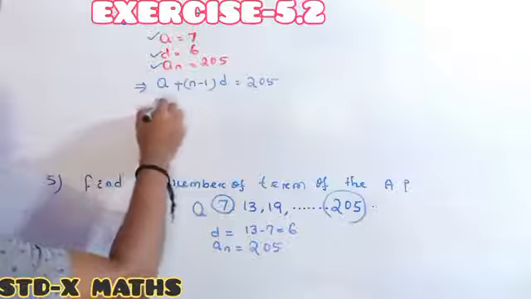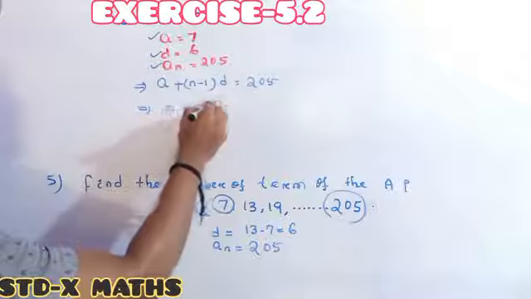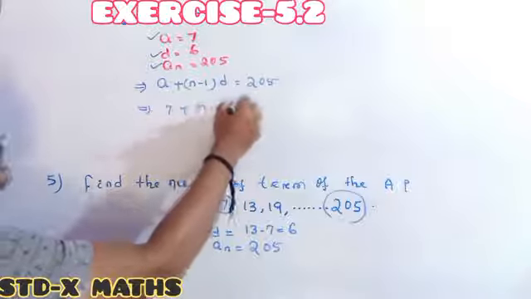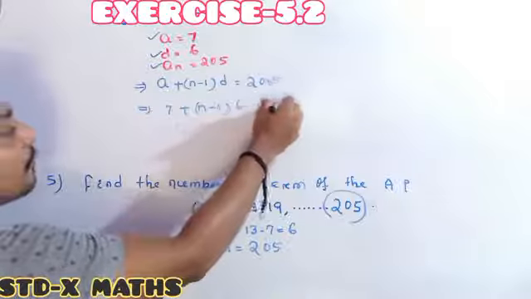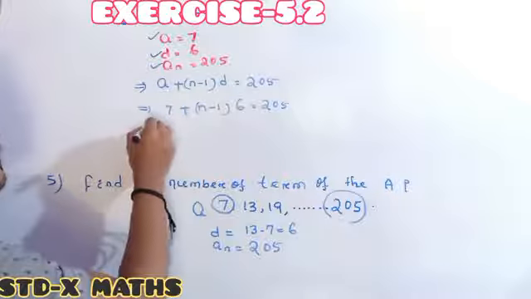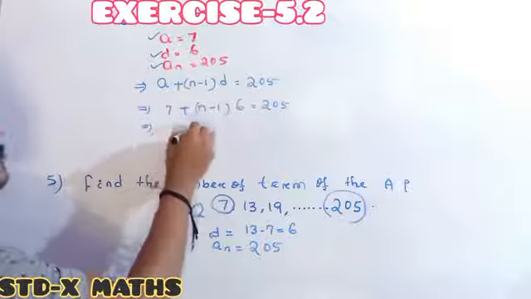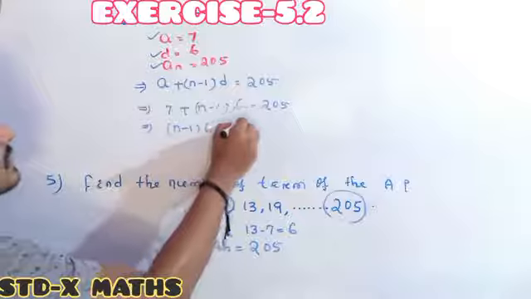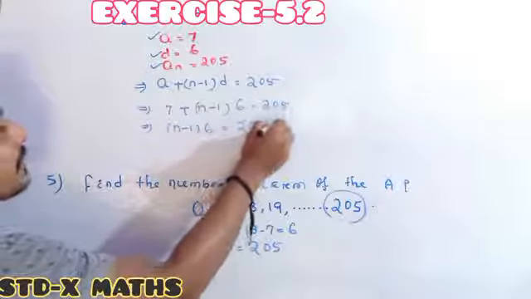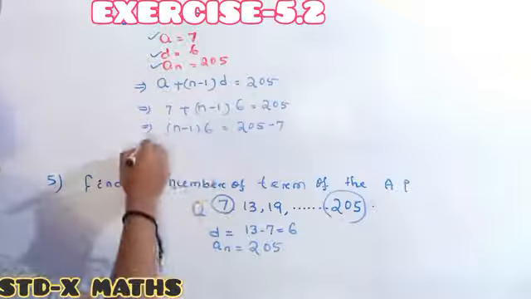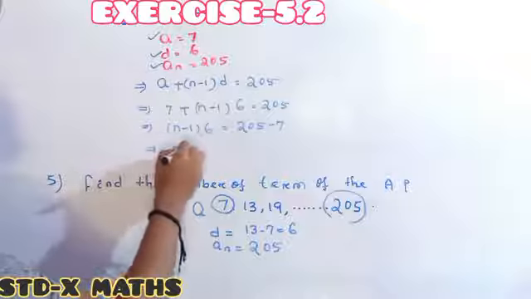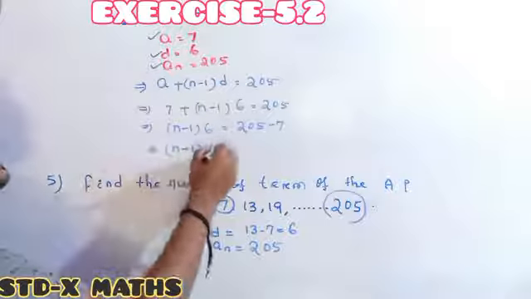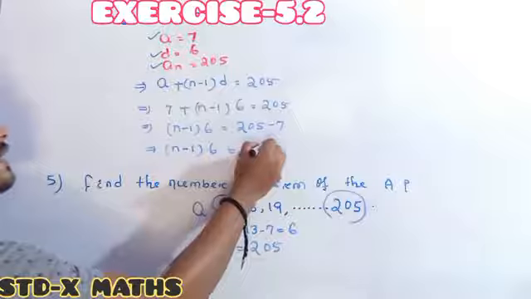It implies A is 7, n minus 1 whole into D which is 6 is 205, which implies n minus 1 whole into 6 is equal to 205 minus 7. It implies n minus 1 whole into 6 is 198.